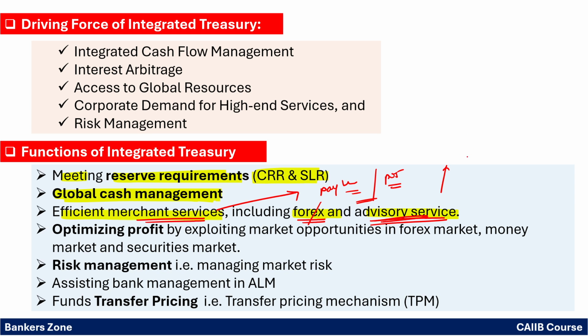For example, if any company wants to raise funds using the IPO, they need merchant banking, which can provide the advisory services and the banking services. So bank can do different work in the IPO. If any company wants to raise fund in the capital market, they need one bank as a merchant bank, right? So these are the services provided by the bank. It can be the merchant services, the forex or the advisory. So that work is basically done by the treasury department.